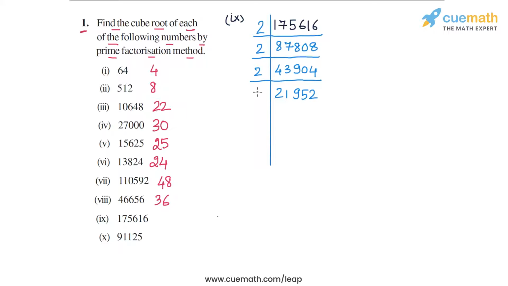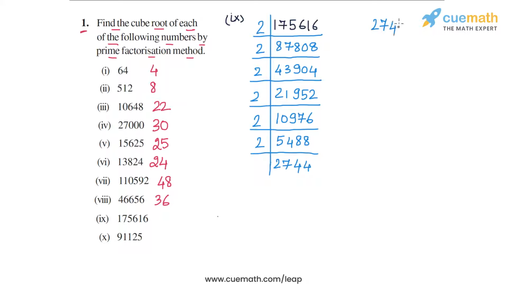And this is even again, so we take out a 2 once more, and that will give us 10,976, which is even again, so we take out a 2 once more, and that will give us 5,488. We can take out a 2 again, and this will give us 27,744. Now I'm going to continue the prime factorization process on the right side.